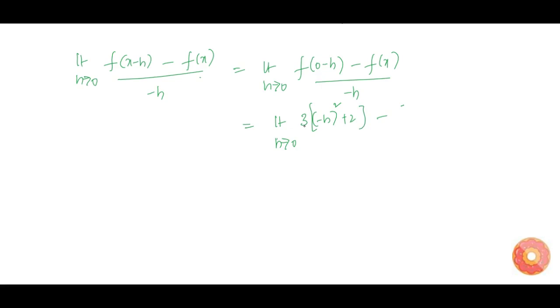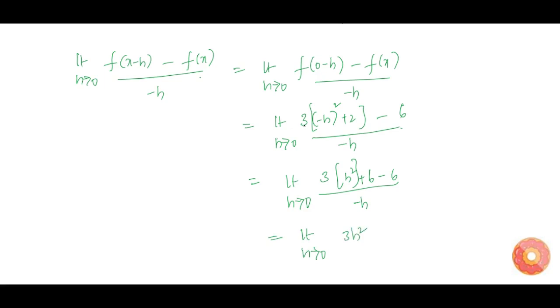F of 0 is 6, that we already know, divided by minus h, which is equal to limit h tends to 0 of 3 h square plus 6 minus 6 divided by minus h, which is equal to limit h tends to 0 of 3h square by minus h, which is minus 3h. Now put the limit value, which is 0.